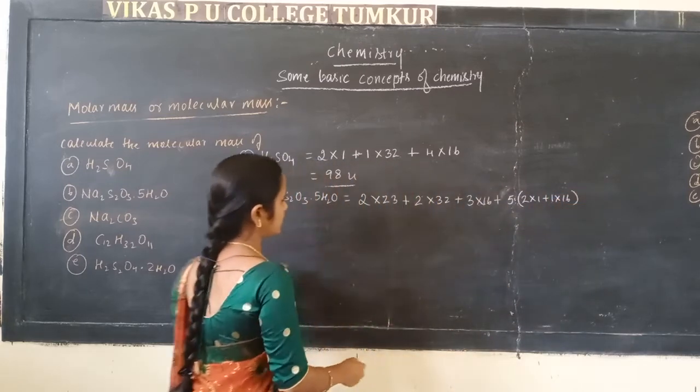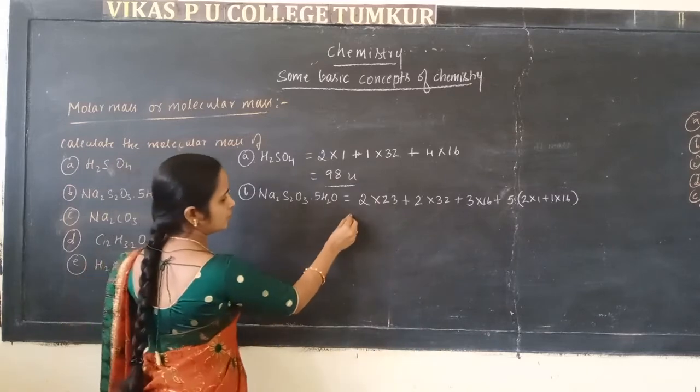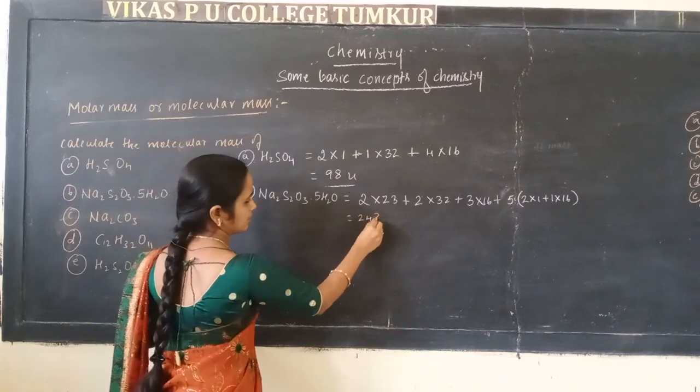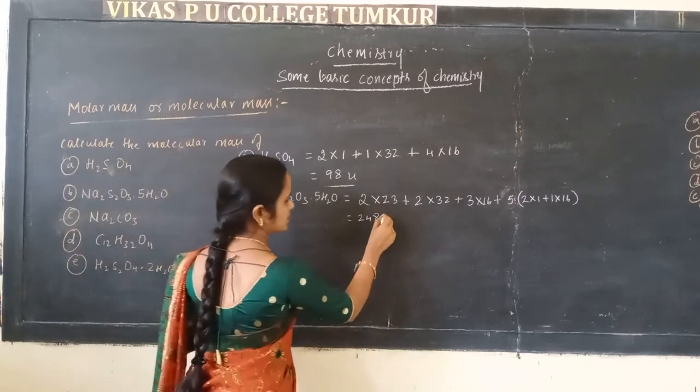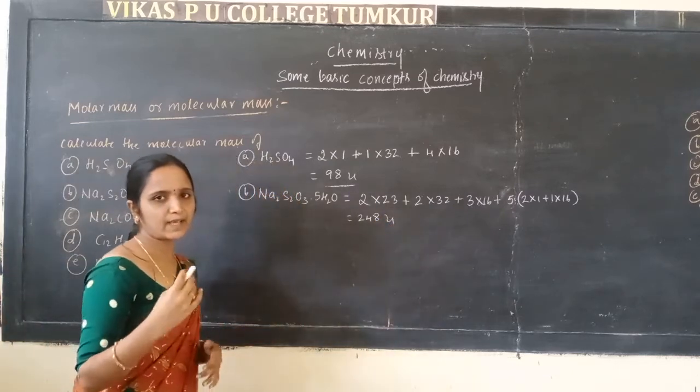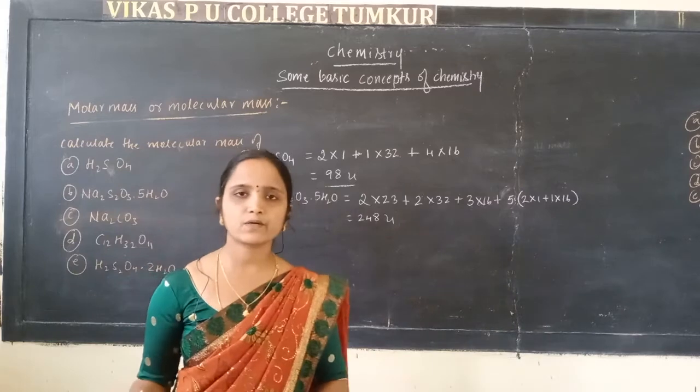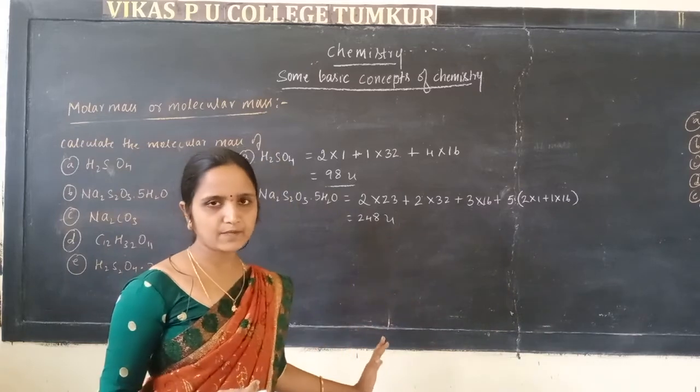On calculating this, we get 248. That is the unified mass. You can use a simple calculator to calculate this.